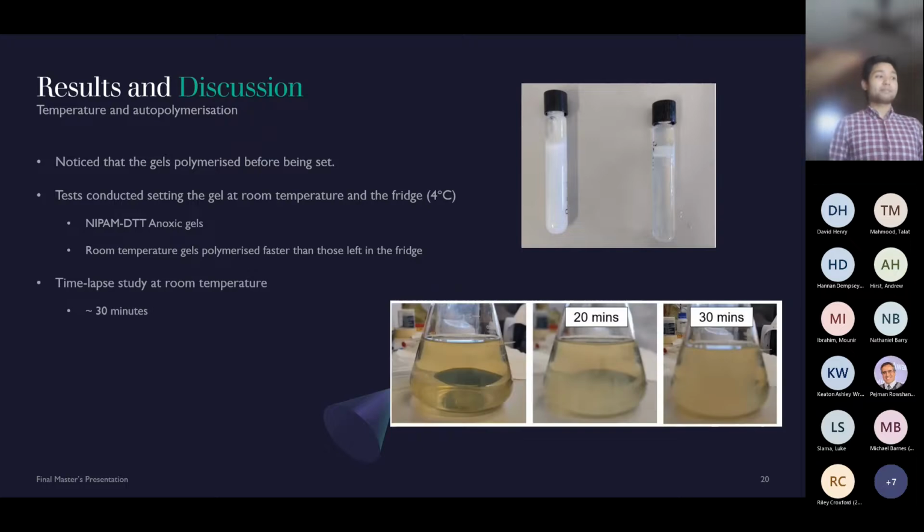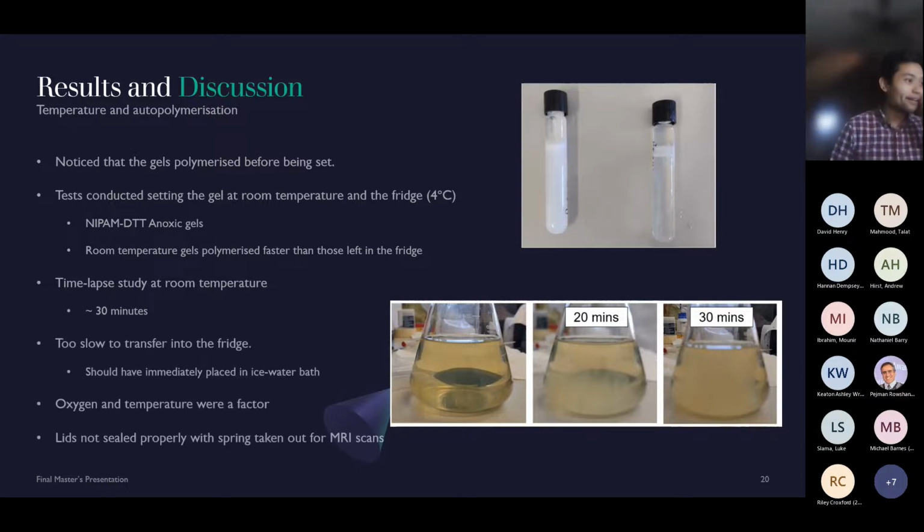I also did a time-lapse study, where I made the gel dosimeter and just left it on the table to see what would happen. Over time, you can see the dark magnetic stirrer disappear behind the white precipitate that formed. I also think the gels I made before polymerized because I was too slow to transfer them into the fridge.